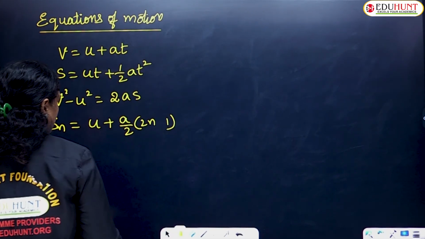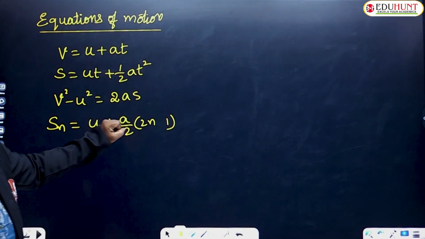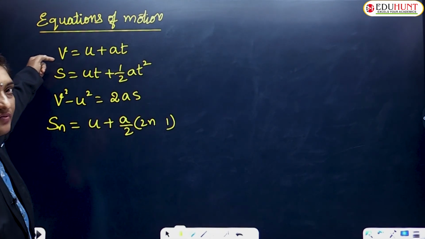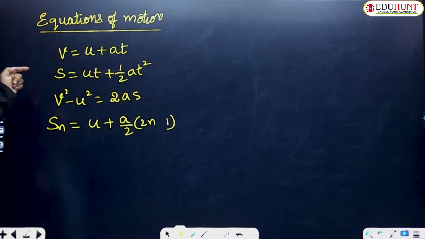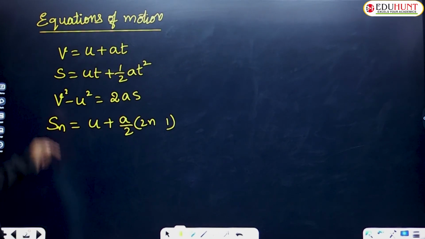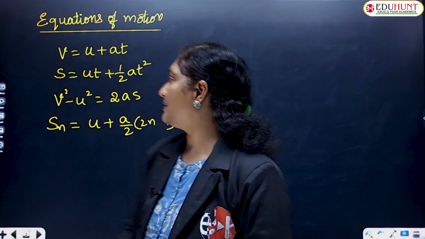Then the first kinematic equation transforms as v is equals to u, which is 0, plus or minus gt, or simply v is equals to gt. And the second kinematic equation is transformed as h is equals to 0 plus or minus half gt square.